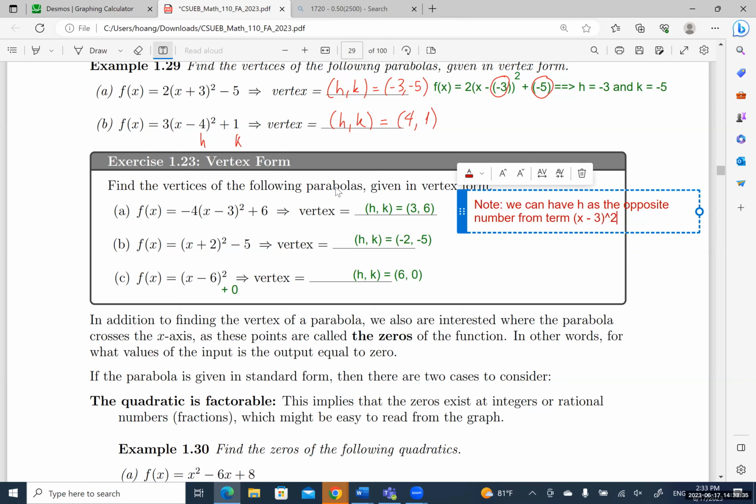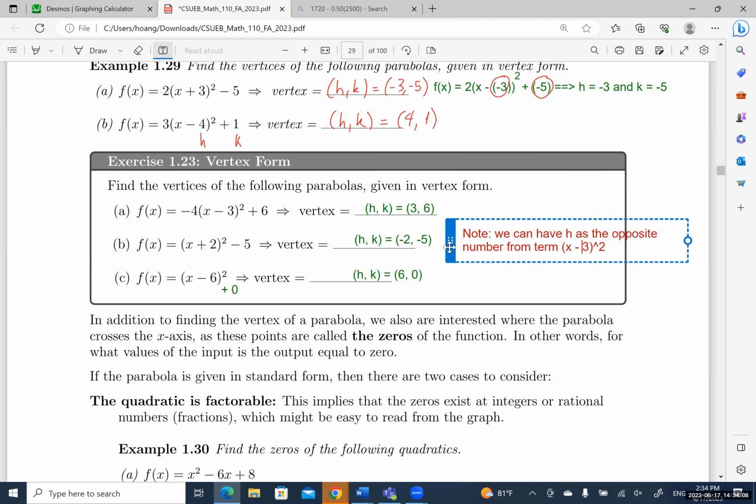So as you see, if I have -3, the opposite is to flip the sign, you will have 3 as h. And just keep the k as the outside term, right? Or maybe from 2 here, right?